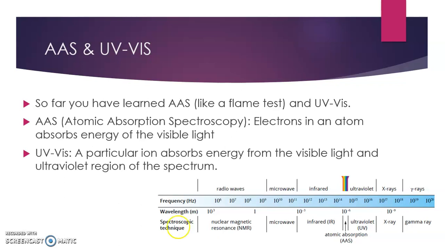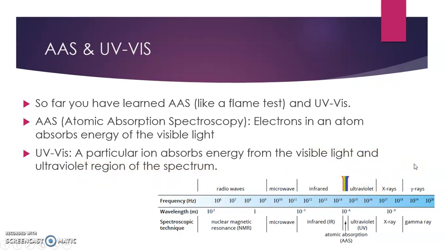In UV-Vis, we are still using mostly visible light, and sometimes we go into the ultraviolet spectrum, so higher energy waves. A particular ion in a solution can absorb energy from the visible light and ultraviolet regions of the spectrum.